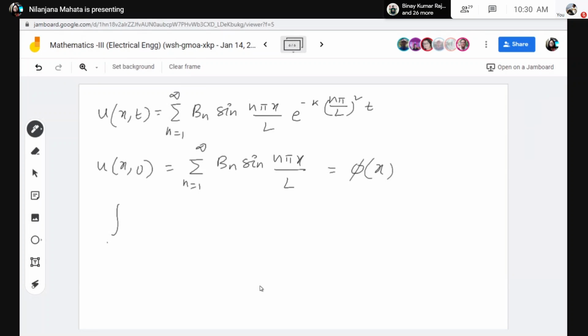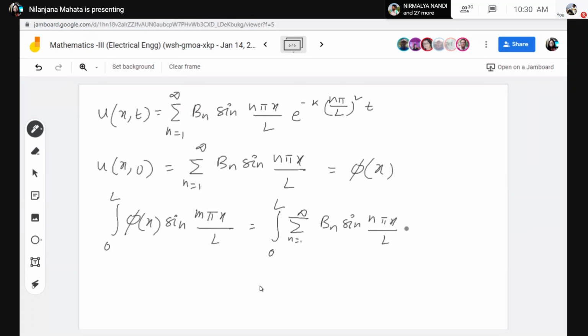But before that, how it comes, suppose you don't remember this: integral from 0 to L of phi(x) sine m pi x by L dx. For phi(x), I am replacing this series.